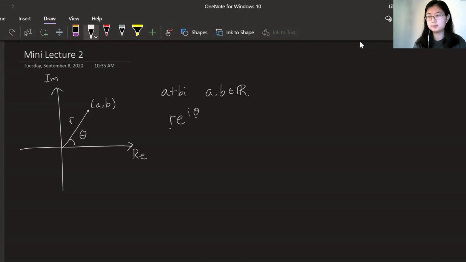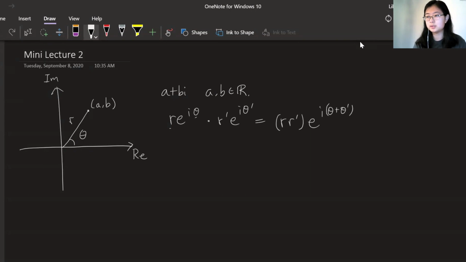And in this particular mini lecture, we're really interested in polar coordinates because it gives us a nice way to visualize multiplication. So if we have 2 complex numbers, r e to the i theta and r prime e to the i theta prime, multiplication yields r r prime e to the i (theta plus theta prime).